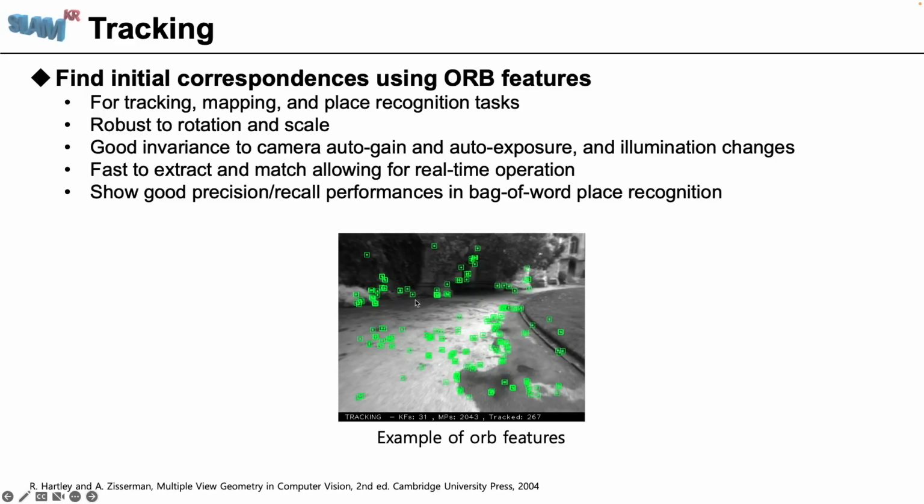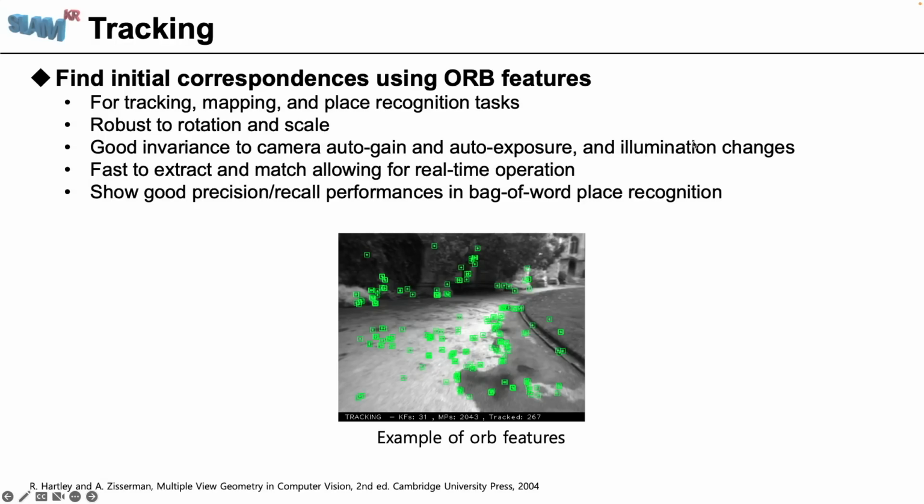As a first step of the tracking part, we need to find the initial correspondences using ORB features for tracking, mapping, and place recognition later. ORB features are a little robust to rotation and scale transformation, and have good invariance to camera auto gain or auto exposure and illumination changes.